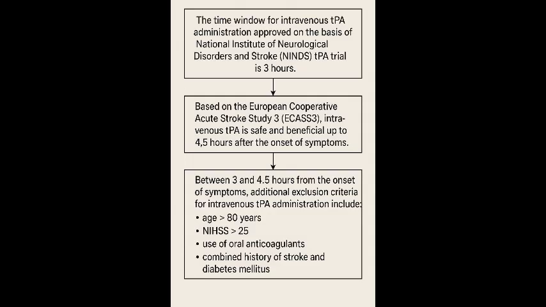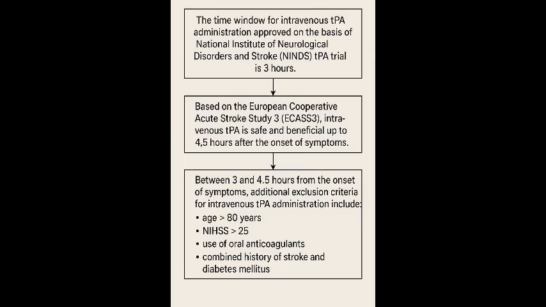Then for NIHSS score of more than 25, like the previous discussion, this is also a relative contraindication, and these are due to concerns about symptomatic intracerebral hemorrhage, lower likelihood of good functional recovery, and large infarct core that is already present.